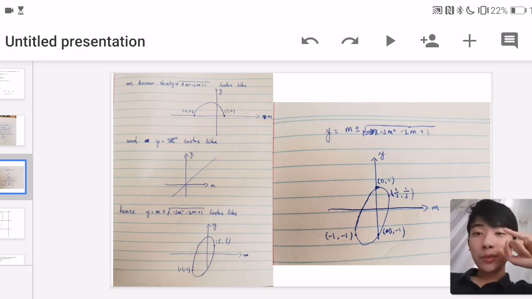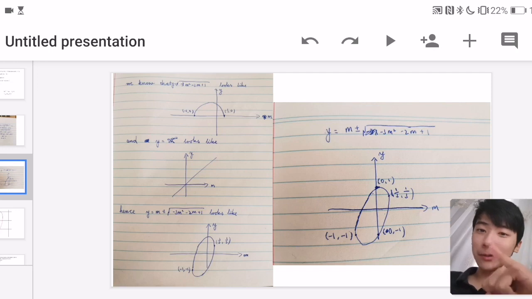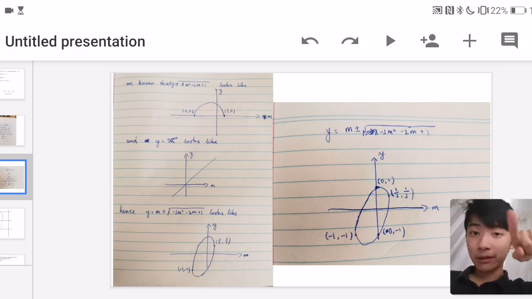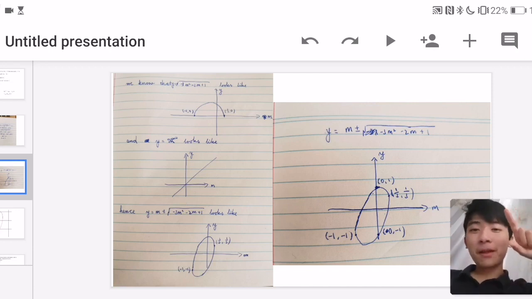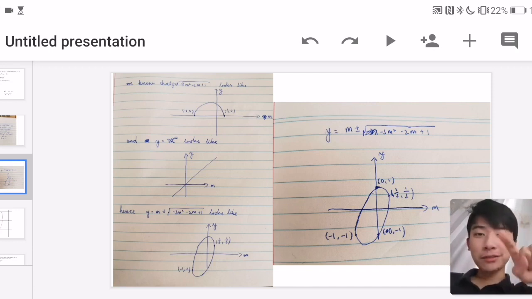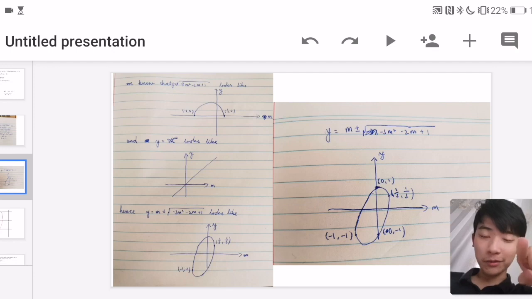So once we add the square root part and the m part together, we would kind of get an ellipse. Right, I'm not sure if that actually is an ellipse, but that doesn't matter. As shown on the right of the screen, we have a point at 1/3, right?